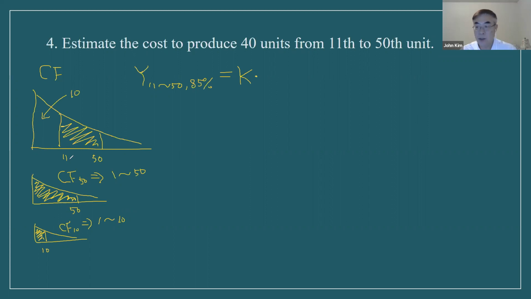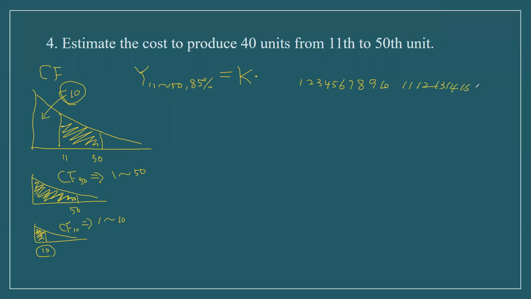Some of you are confused why we subtract up to 10. It is like if we have 1, 2, 3, 4, 5, 6, 7, 8, 9, 10, 11, 12, 13, 14, 15, up to 50 like this.